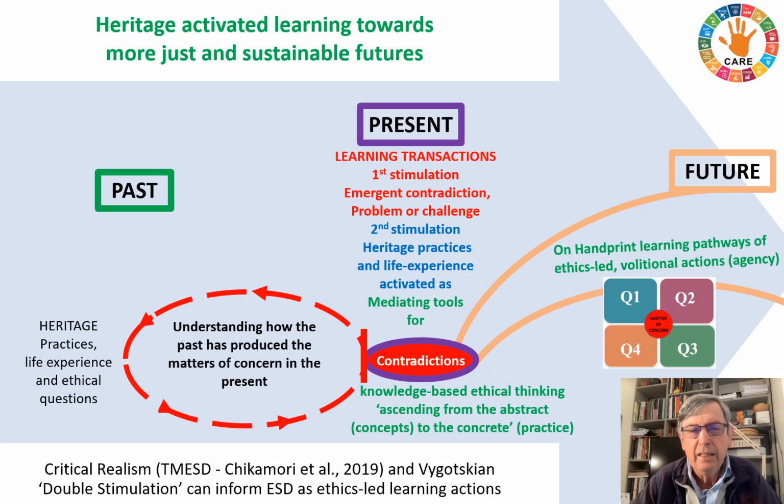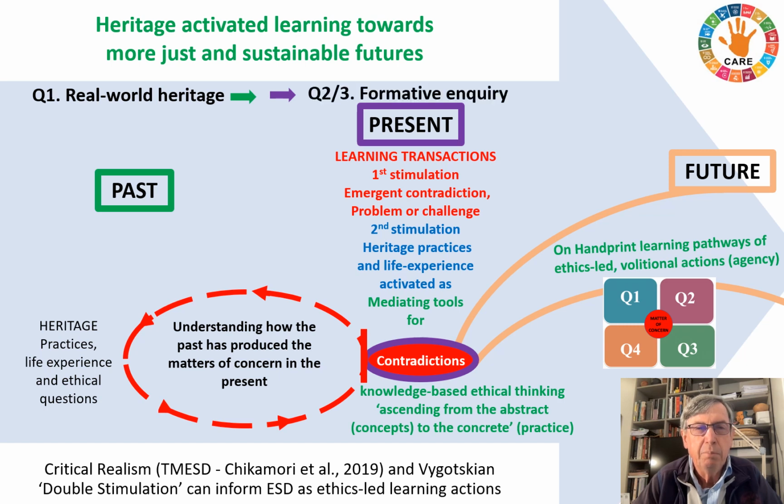Now, if we take our four-quadrant framework, it becomes a very useful and practical tool for starting with real-world heritage and life experience so that we are able to pick up into the present and understanding so that the students start formative inquiry. They start looking at how things came to be, the problems, and what can we learn from the concepts in the curriculum and the heritage that we bring into this learning.